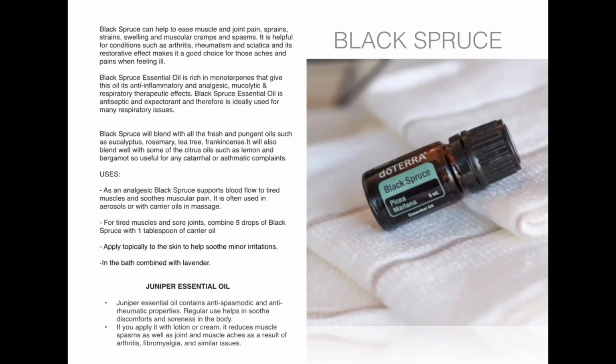How to use it? The same, we can use it diluted with a carrier oil in a massage or in a roller, or with all these oils we can do compresses: you just put it on a piece of material and apply it where you need to.